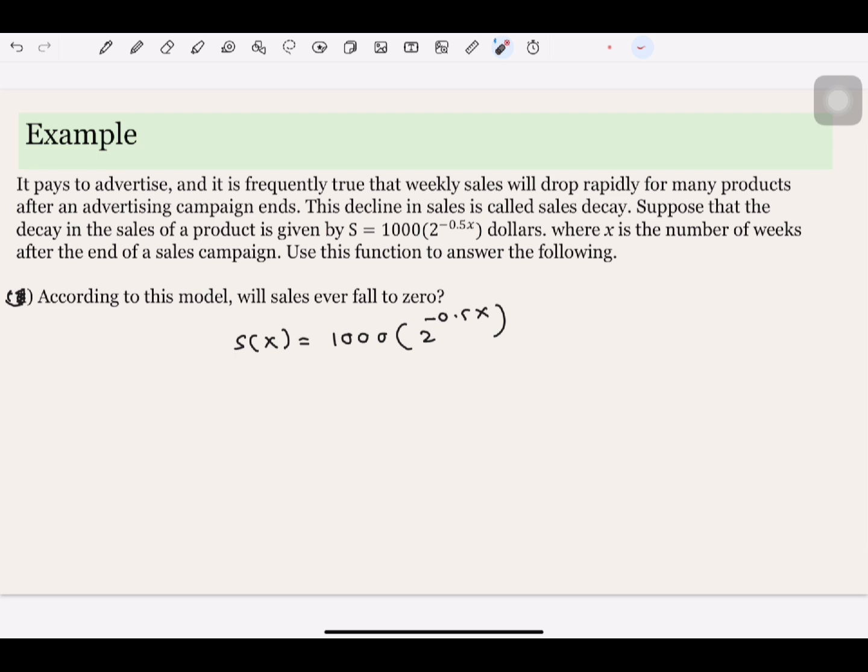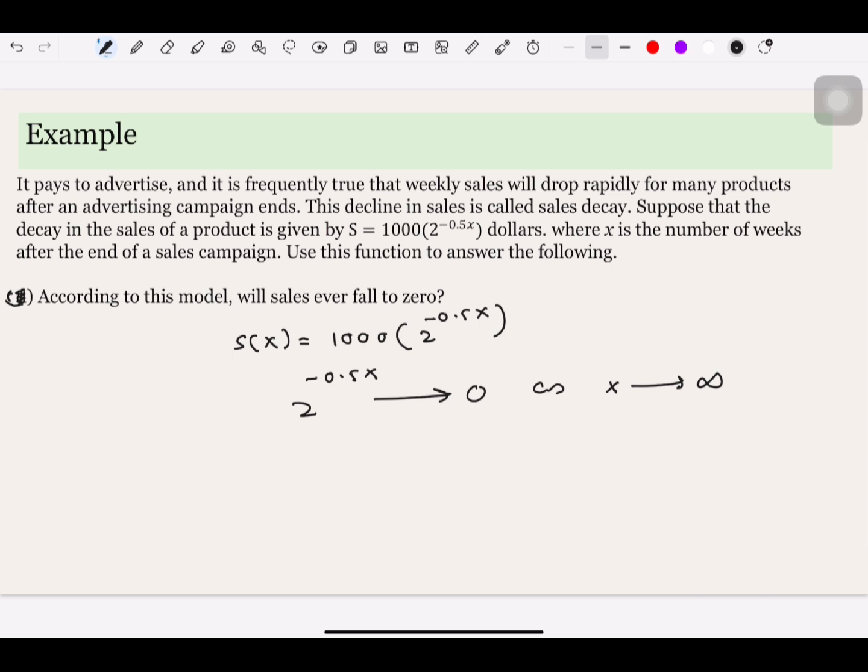Because in exponential decay, the exponential function approaches zero as x approaches infinity. So as time goes, which means when x increases, sales get closer and closer to zero, but they will never hit exactly zero. They just decay towards zero.